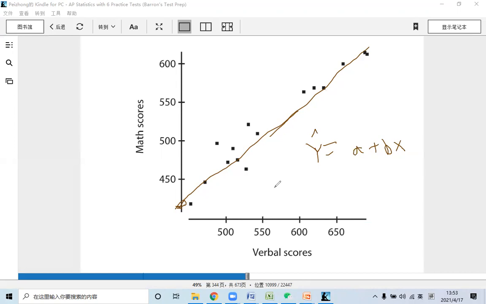What is my predicted score on math? My predicted score on math should be here on this line. And you use this formula to make the predicted score on math. This is the basic logic of regression.